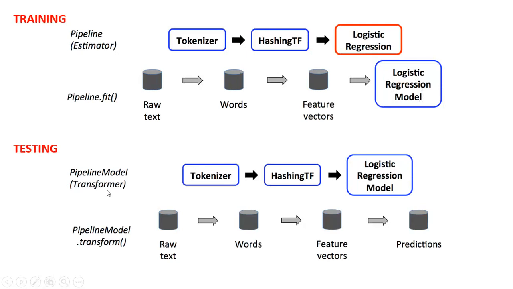And the testing part, you again set up a new pipeline. You start with the tokenizer transformations, and you apply the data to the model, and you calculate the output. So this is what we mean by pipelines. You construct a pipeline for training and a pipeline model for testing, and you can see this in the example notebooks that Elena has put up on assignment 4.